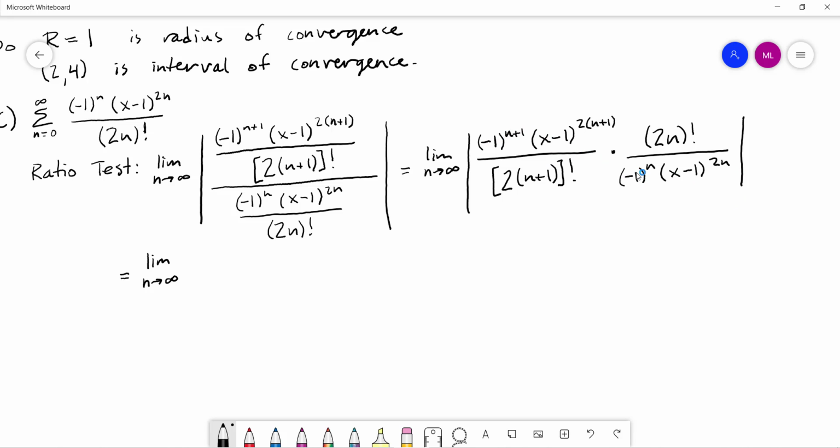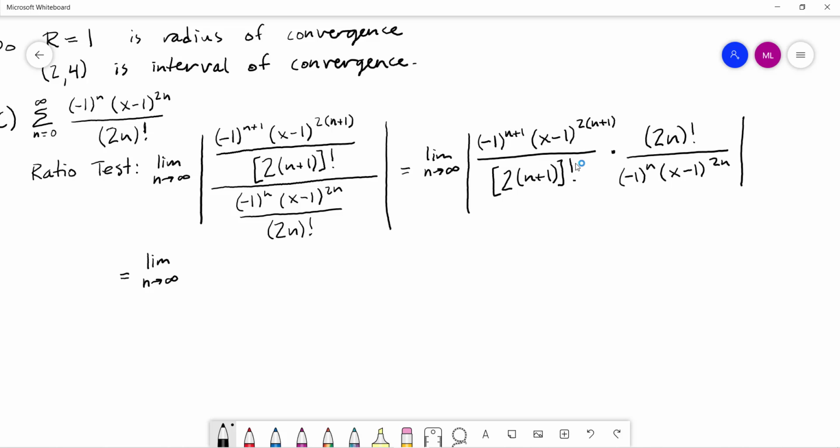Whether this winds up positive or negative won't matter because I've got the absolute value. So if we look at this though, I would wind up with a (-1)^(n+1) over (-1)^n. It leaves me with one factor of -1, but again, the absolute values mean I don't care about that. So let's leave that term off entirely. Don't care about that.